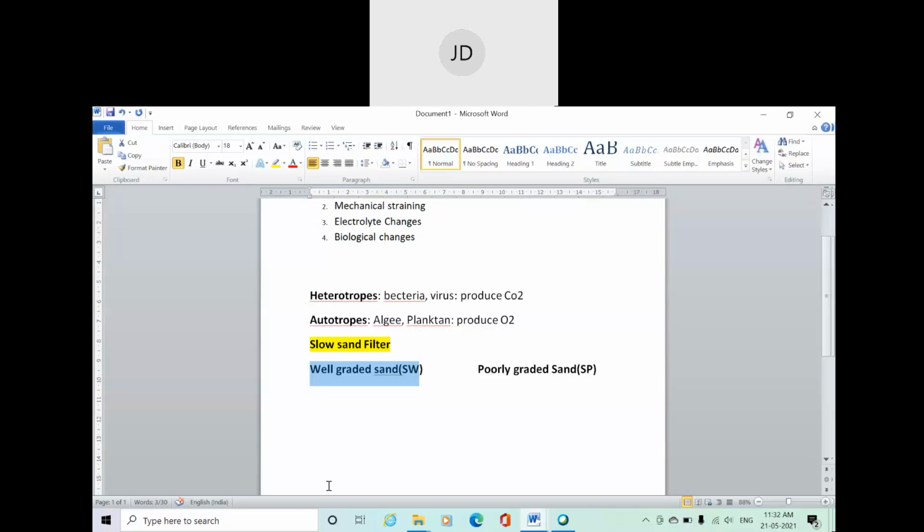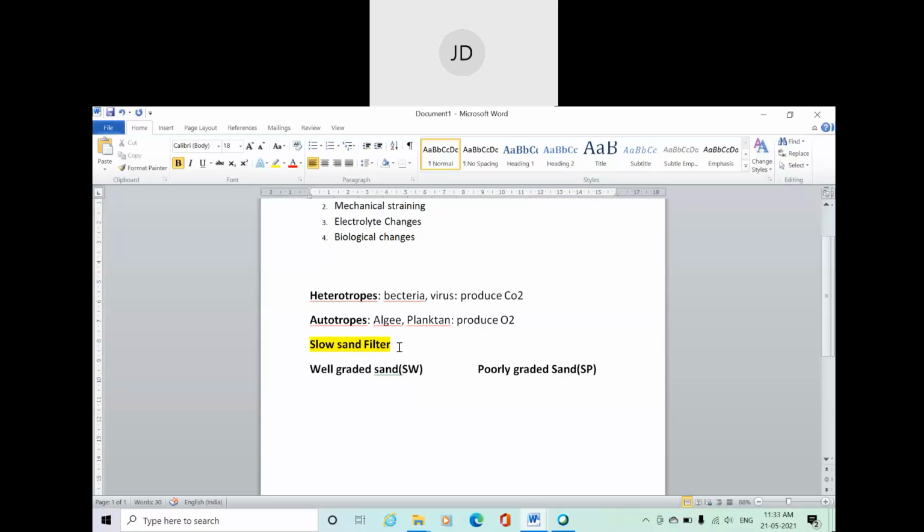If you use well graded sand as the top layer in the slow sand filter, then a biological film will be created.